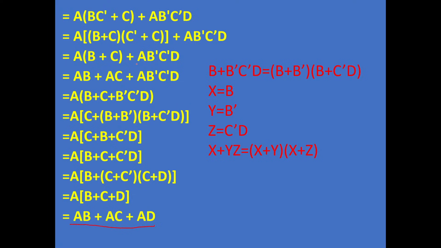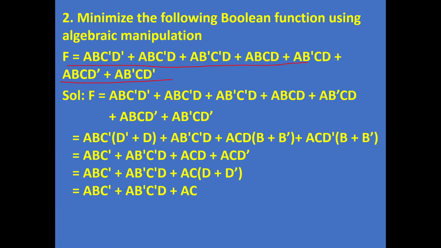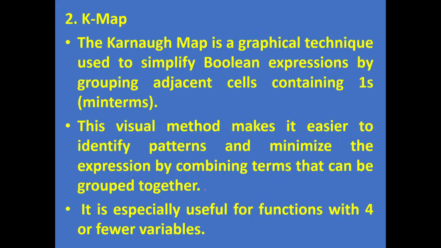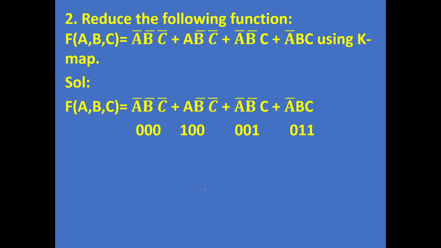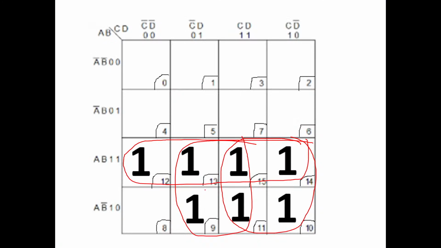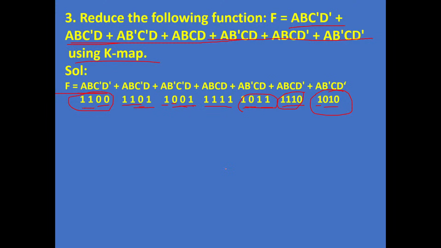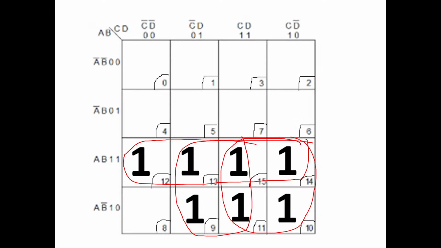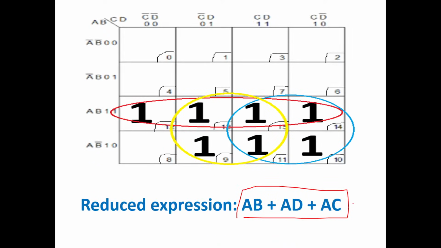See how many steps we followed to get the reduced expression, whereas for K-map, simply within one step you have got this simplified expression. So K-map is far better than Boolean expression reduction.